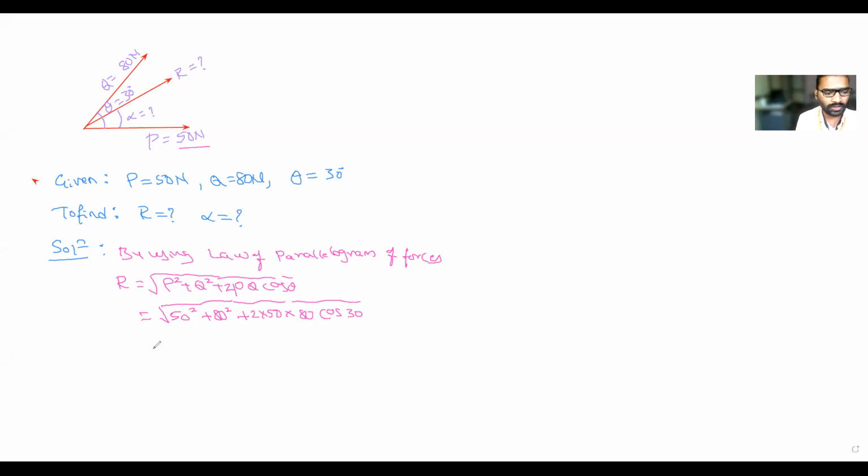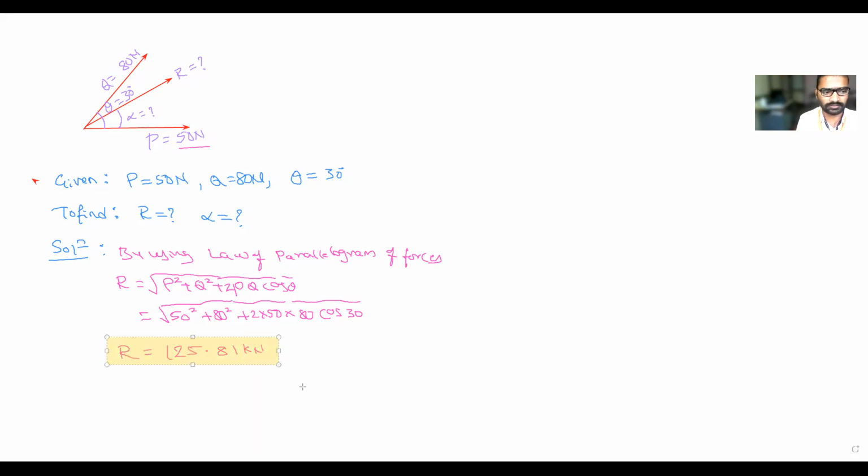First do the calculation inside, then take the square root of the answer, so that you will get the answer, 125.81. So this is the resultant. Okay, that is the correct answer.